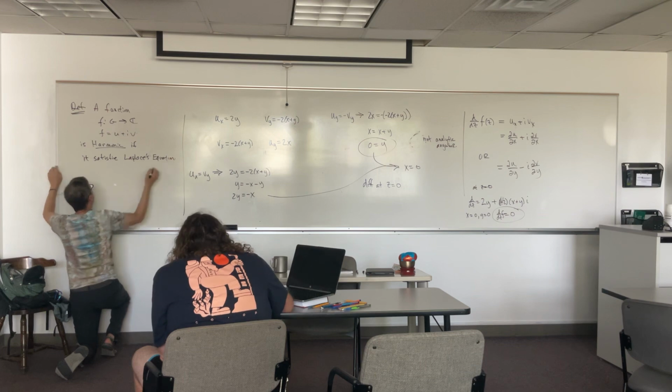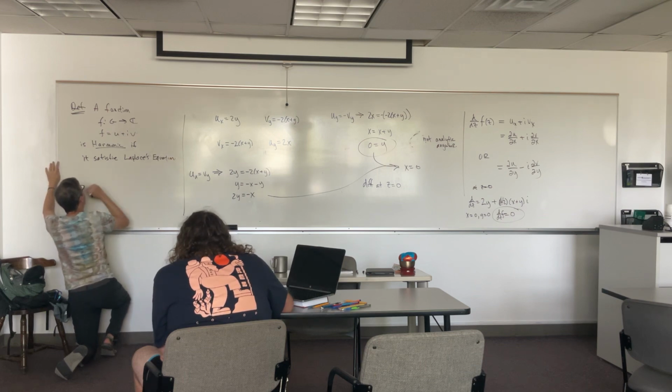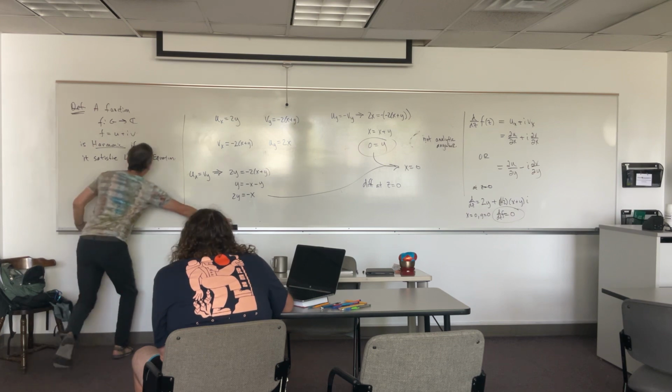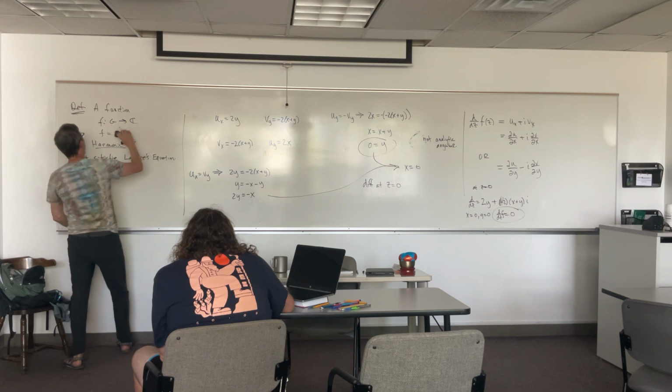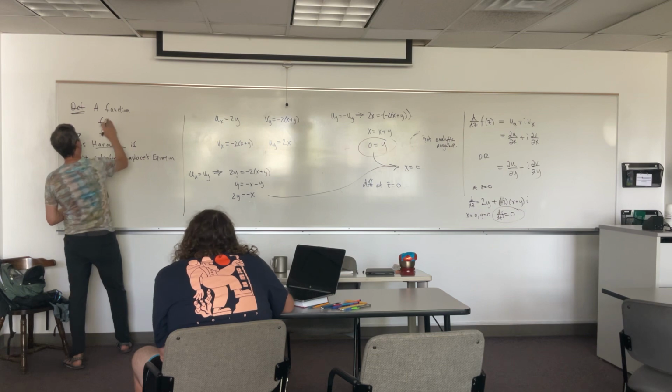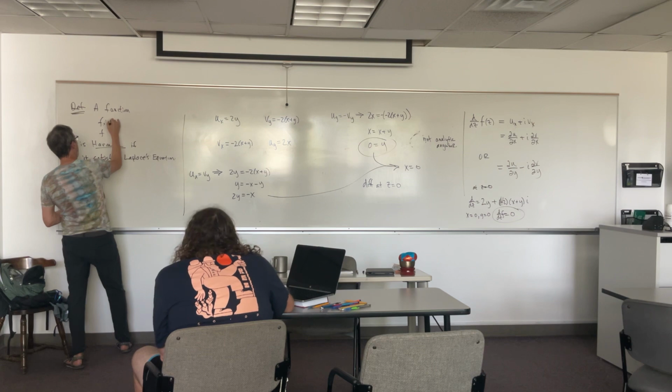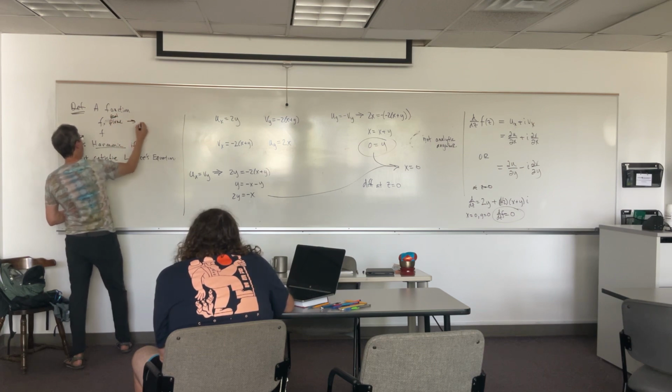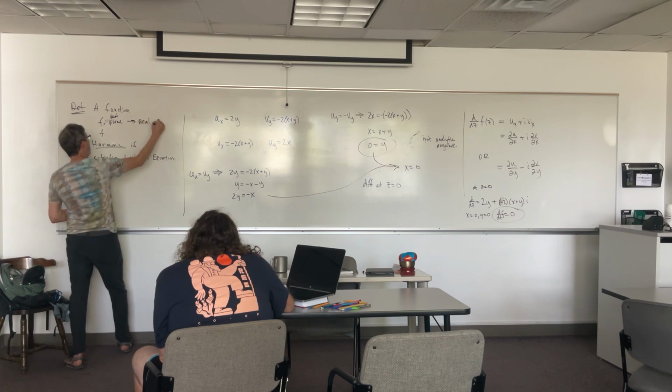And what that means is that, let me change this up a little bit. So sorry about this. Just make f a real valued function. So f, which is a real valued function from the plane, the real plane, into the real numbers.